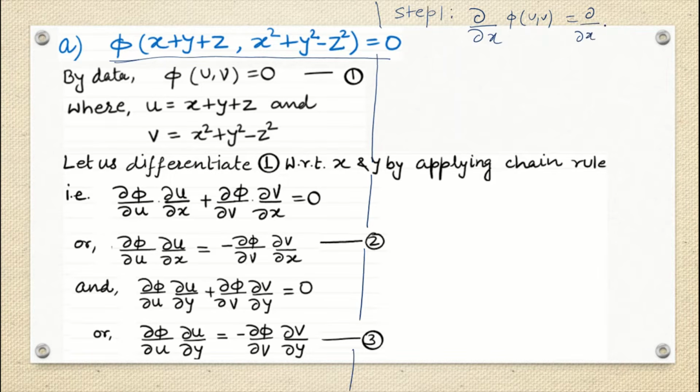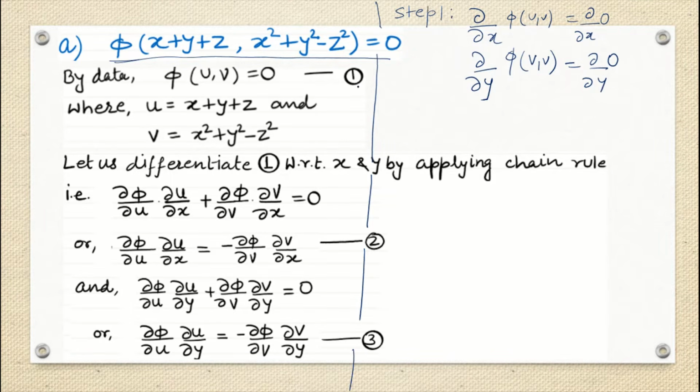Similarly, I have to find the partial derivative with respect to y of my left hand side and my right hand side. This is step number 1 which we are going to follow in this form also.